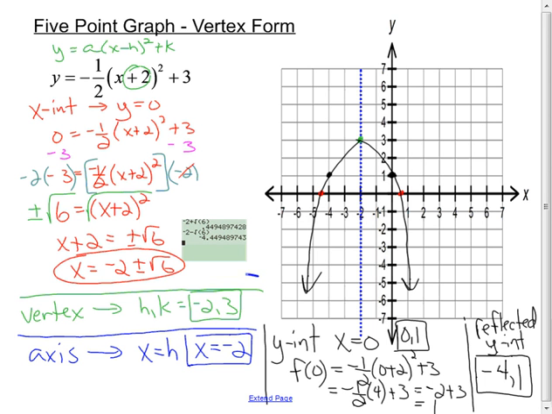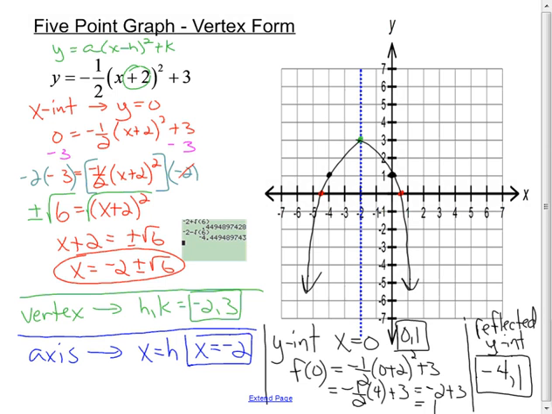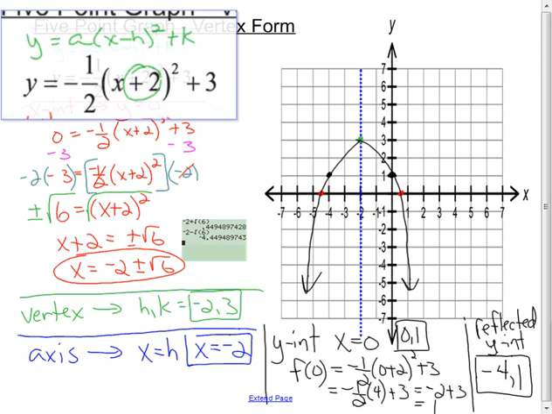Maybe the only other curveball here is that my 2 roots have a radical in them, so I needed to go to my calculator to estimate those values, so I knew where to put them on the graph. Okay, feel free to watch again if you'd like. This is making the 5-point graph of a quadratic when that quadratic is in vertex form.